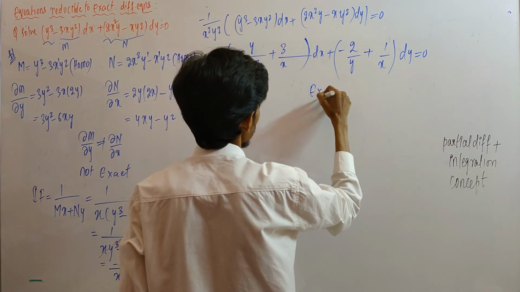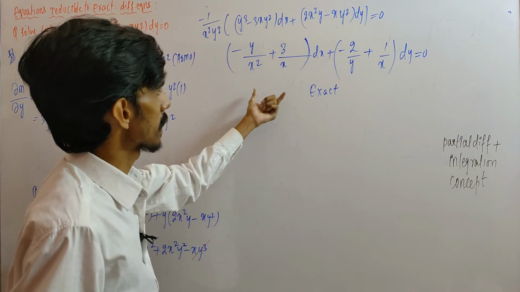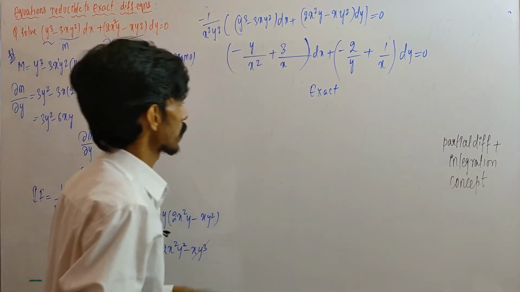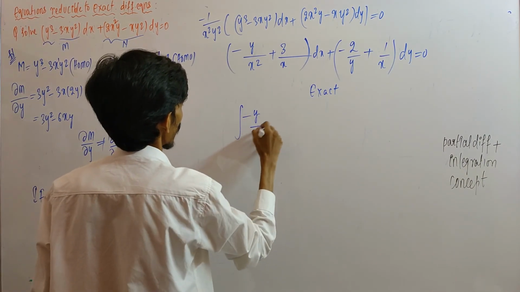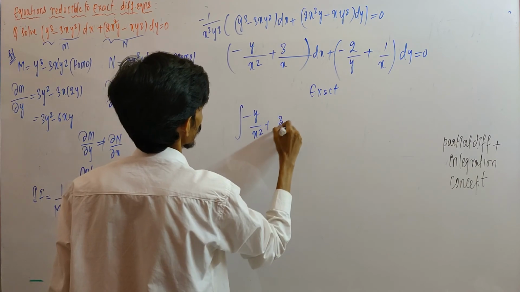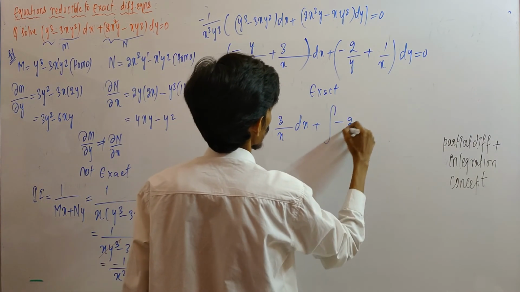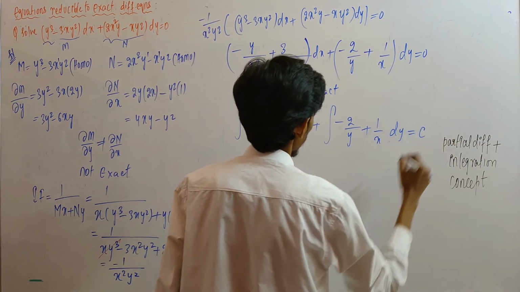This is an exact differential equation. We can verify whether it is exact or not by taking M and N, but that is not required. Now just integrate minus y by x square plus 3 by x dx, plus integration of minus 2 by y plus 1 by x dy, equal to constant.